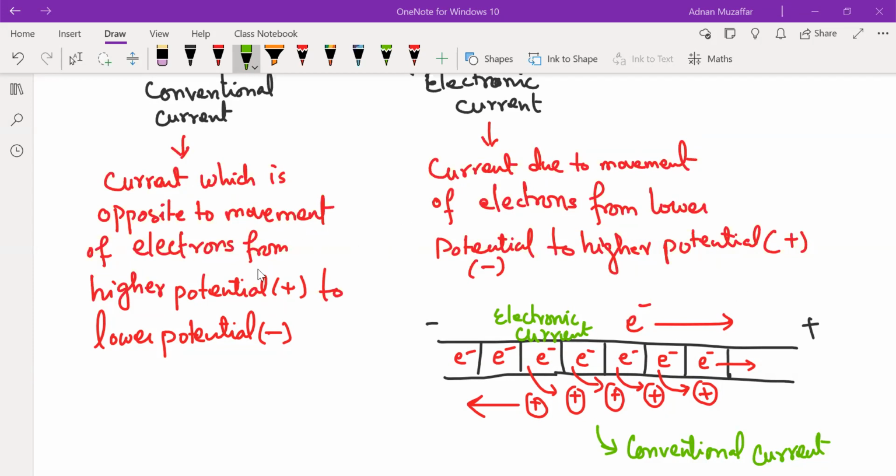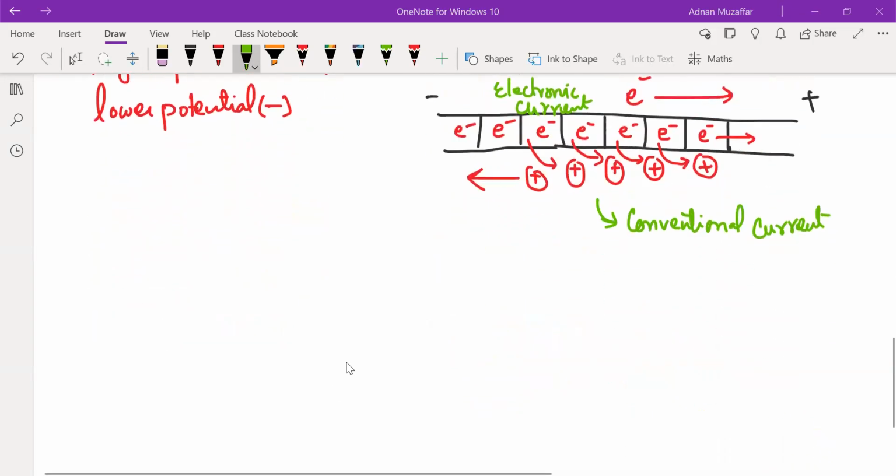Then the next thing is, there will be a difference in my order of topics. I will deal with the current first. After covering all the relevant things to the current topic, then we will do the resistance and potential difference, all the remaining concepts.